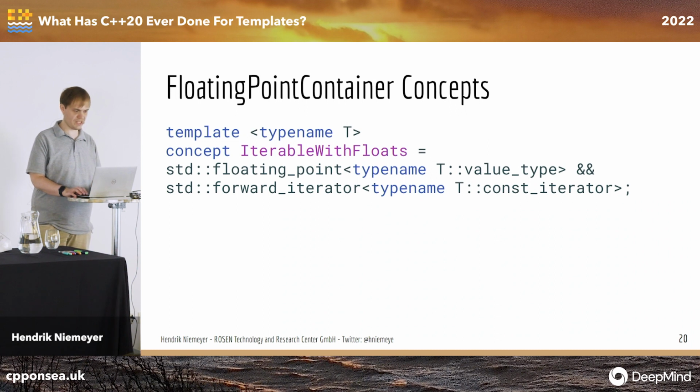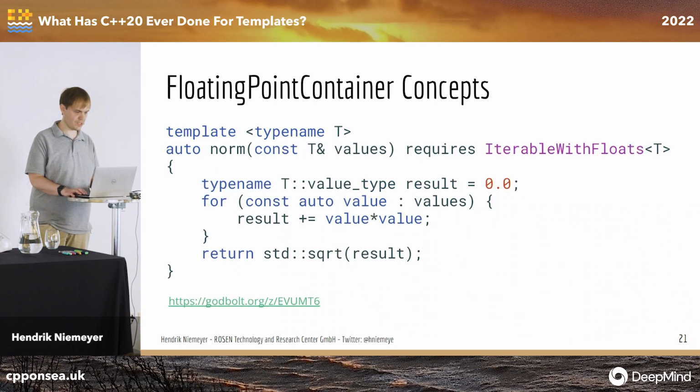And we just combine std::floating_point and std::forward_iterator concept here with the and. And now it does what we wanted before, but we can now reuse it as a named concept, and our function declaration of the norm function becomes much shorter because we just need to write requires iterable_with_floats of T, and this works. It's much more readable than before. We can reuse it. It does the same thing.